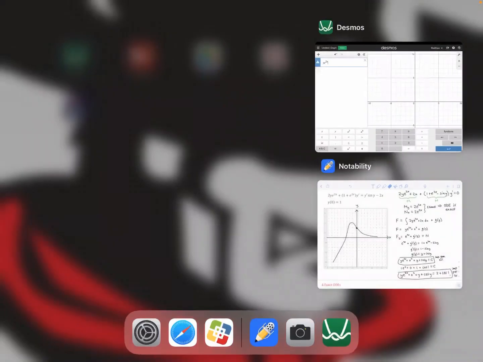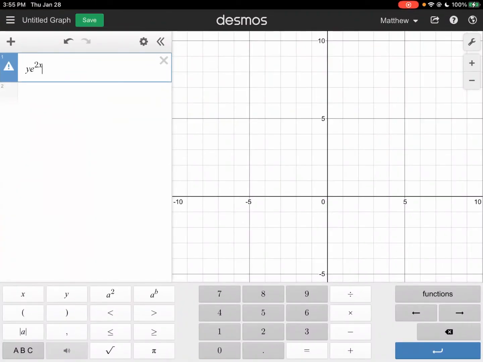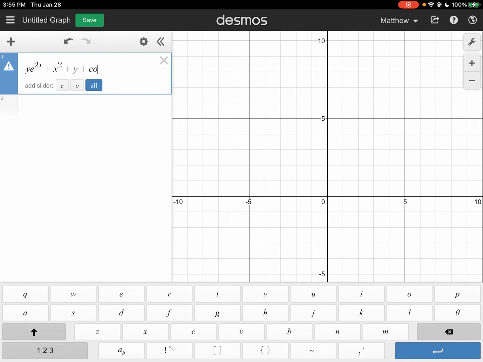Next term was, I'm going to make sure I get this in here right, x squared, then y, then cosine y, plus x squared plus y plus cosine of y is equal to, and then I'll put an arbitrary constant there and add a slider.